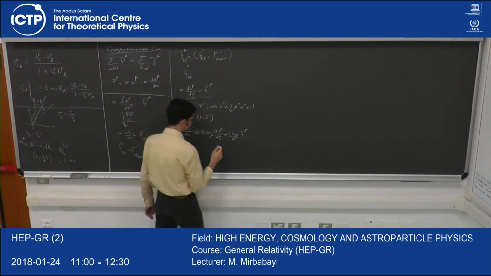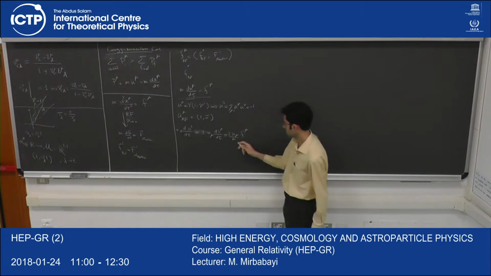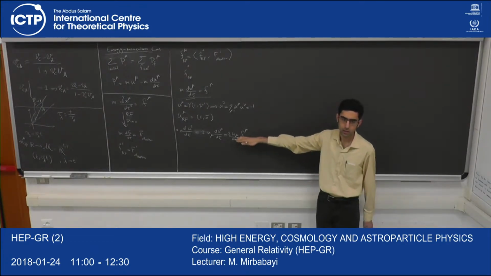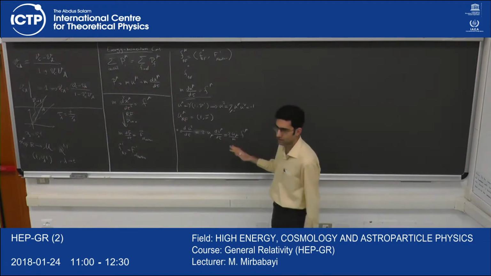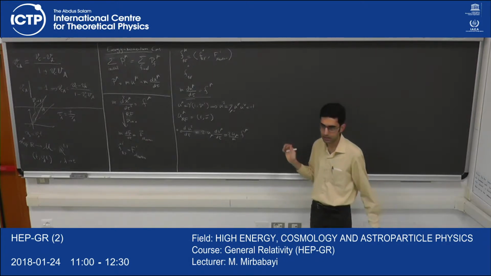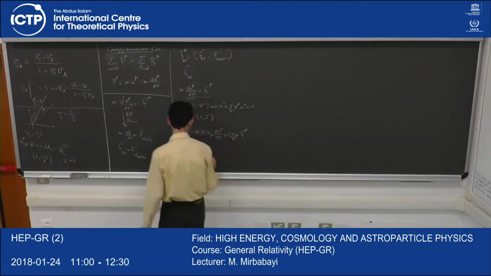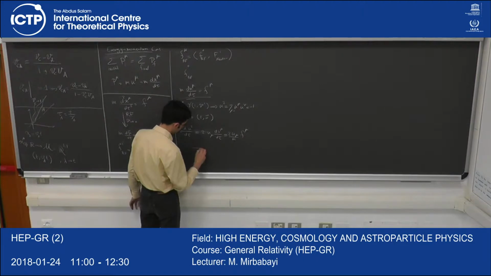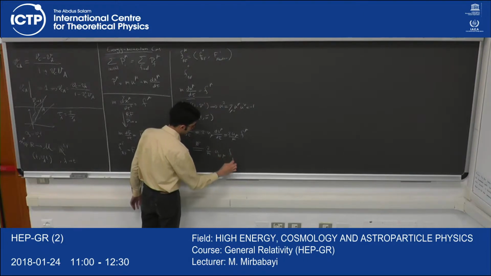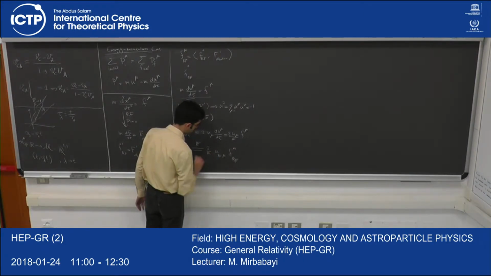As you see, this is a scalar quantity, right? All indices are contracted with each other. Therefore, it can be evaluated in any coordinate system, in particular in the rest frame. So I can look at u rest frame mu times F rest frame mu.